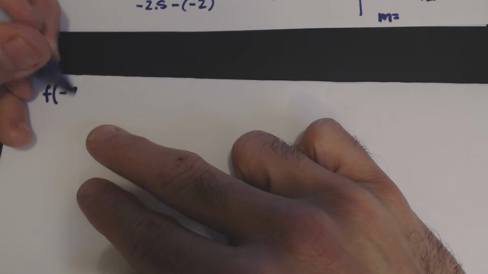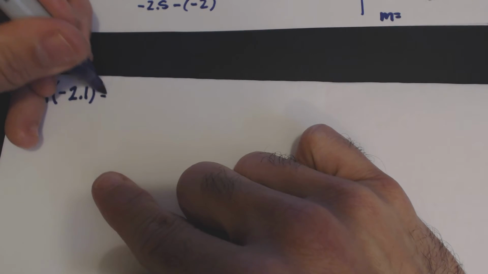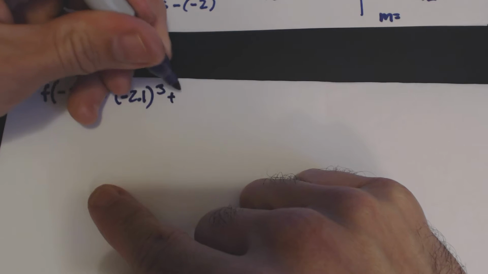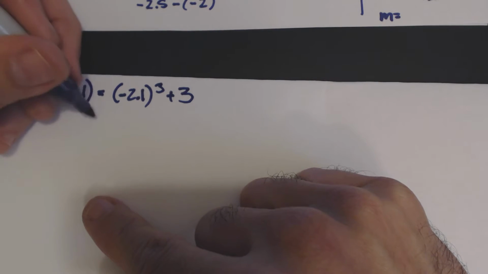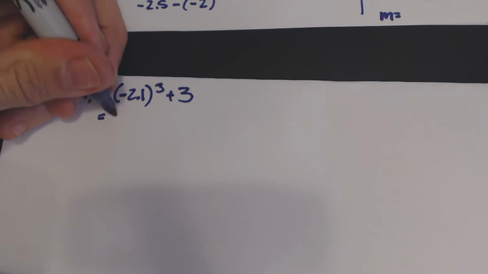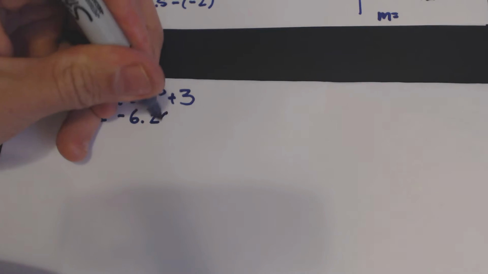Okay, so we're looking at f of negative 2.1, which is negative 2.1 cubed plus 3. Negative 2.1 raised to the power of 3 is equal to negative 9.261, plus 3 is going to equal negative 6.261.